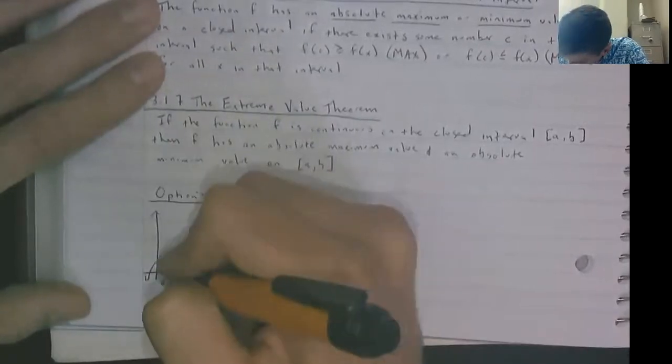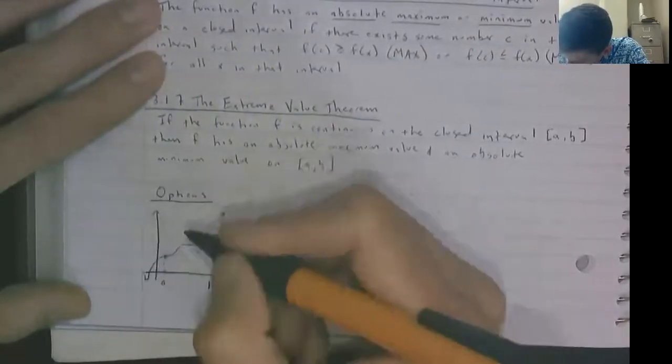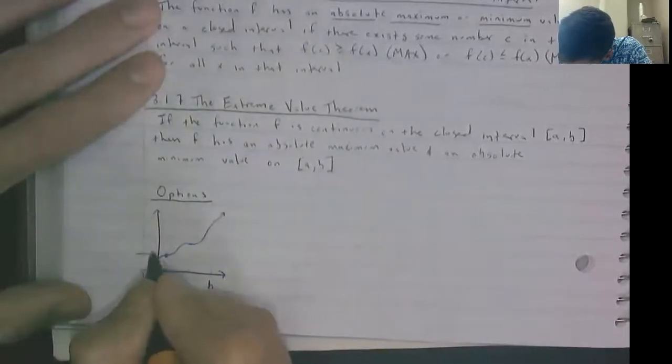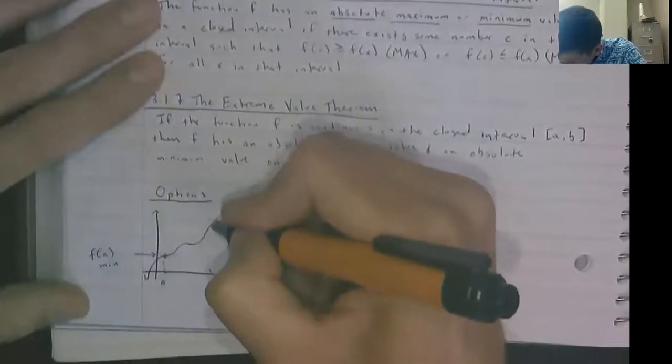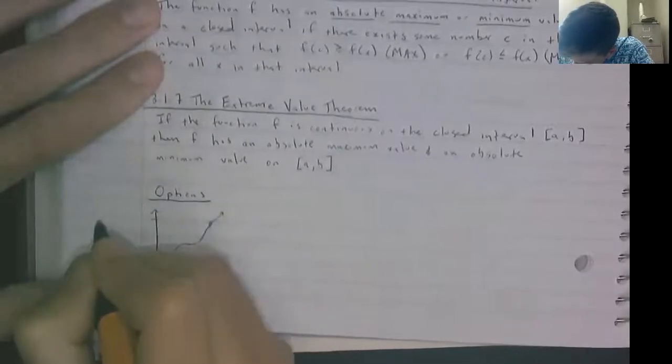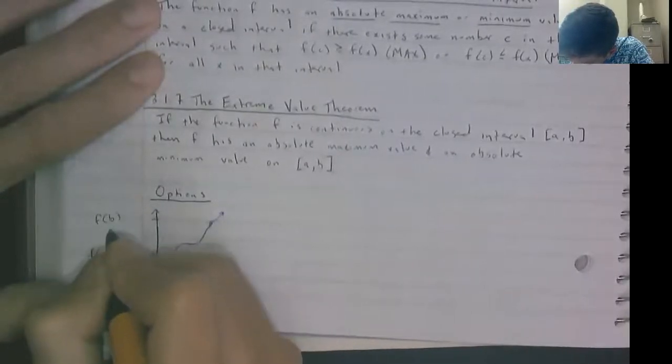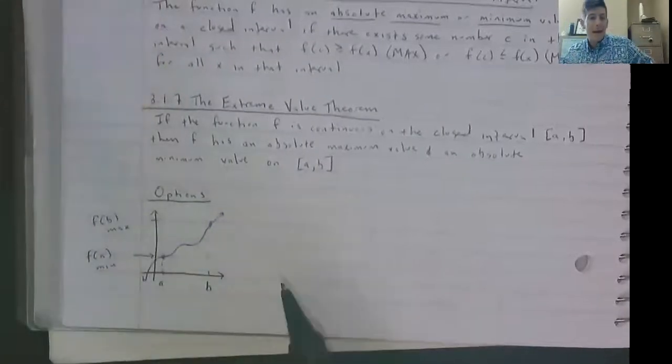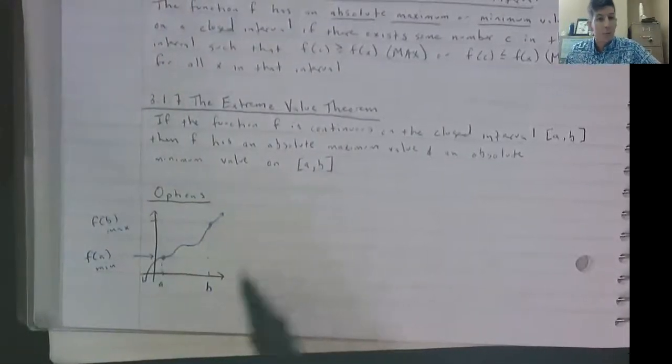And in this case, there's your min, and then f of b is your max. The endpoints are your extrema. And this would work in the opposite direction.